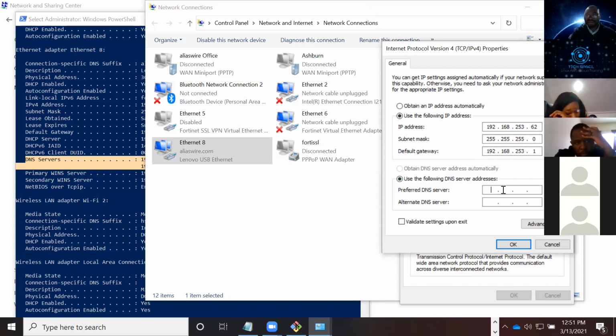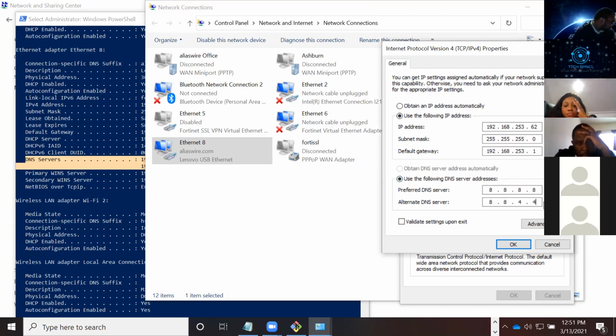All right, guys, I'm also trusting Google right now. I don't want to use mine. So I'm going to use Google's DNS servers for my resolution instead of mine. So I'm going to use Google as the preferred DNS server.